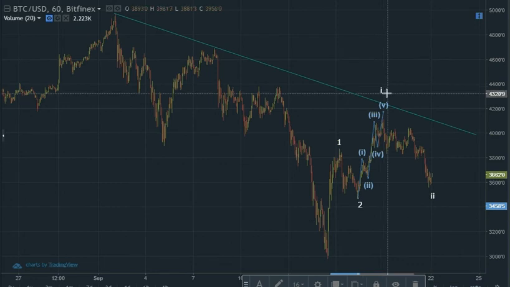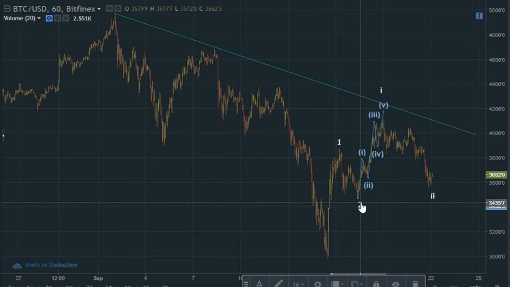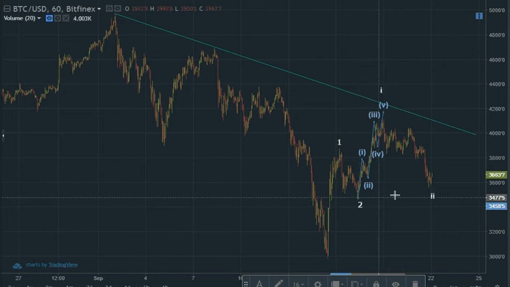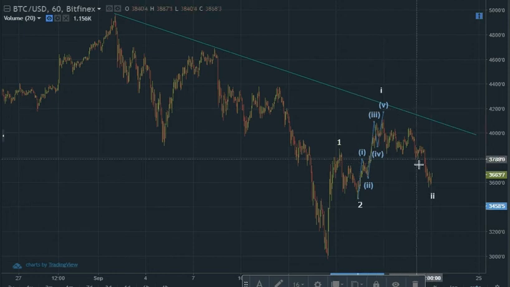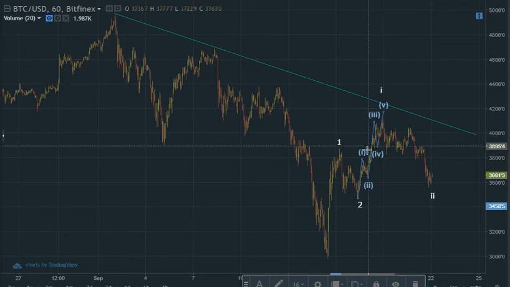So if this is wave 1 of 3, this is 2 of 3, and the wave 1 of 3 starting point is exactly this point, then the retracement of wave 2 of 3 can go as much as 99.9999% of wave 1.